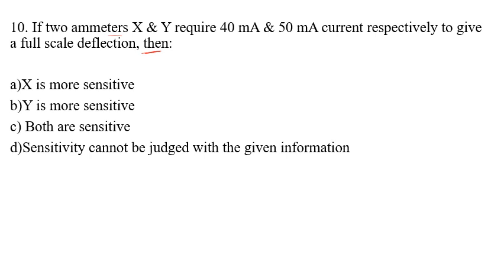If there is a small variation, in the case of one ammeter having a range of 40 milliampere and the other 50 milliampere, we can say that the 40 milliampere meter will be more sensitive than the 50 milliampere ammeter, because the 50 milliampere meter gives full scale deflection only when 50 milliampere current flows, whereas the 40 milliampere instrument gives full scale deflection when 40 milliampere current flows through the circuit.